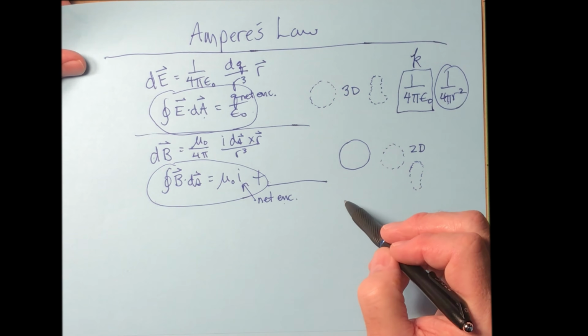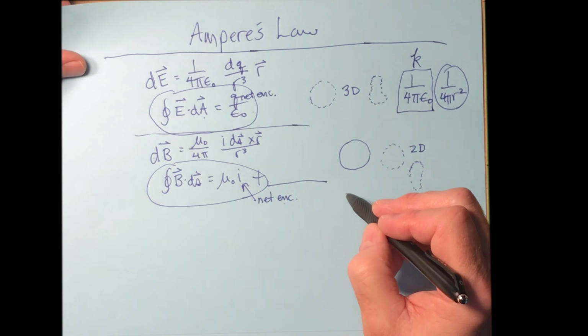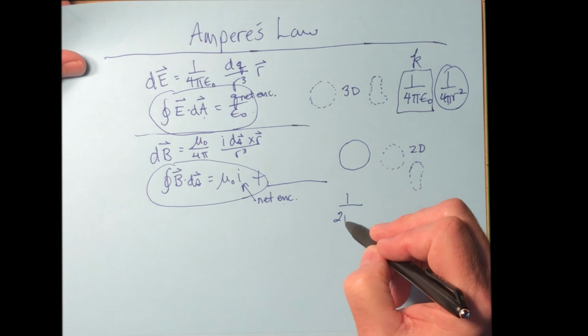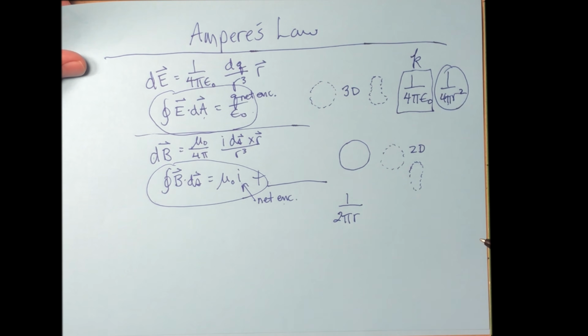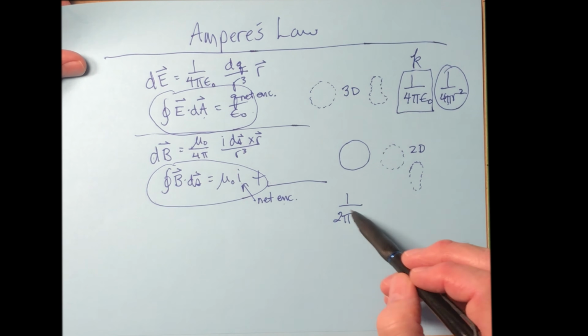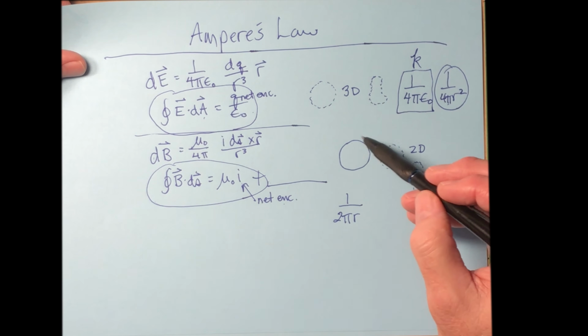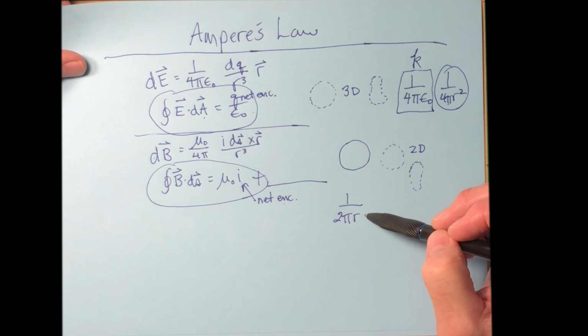Well, when we get to Ampere's law, you're going to discover that 1 over 2 pi r shows up, all right, for circular symmetry. Well, what does that mean? Where does that come from? That's the circumference of a circle. That's all that is.